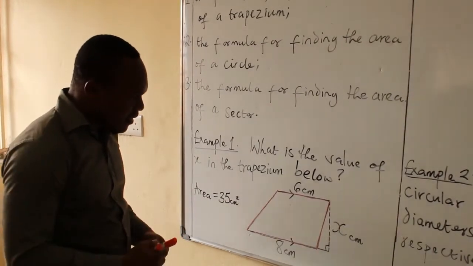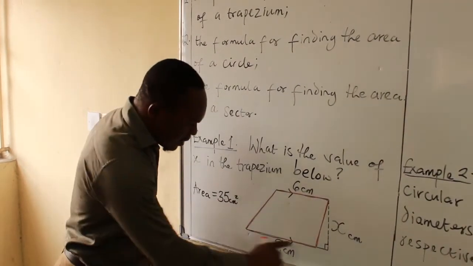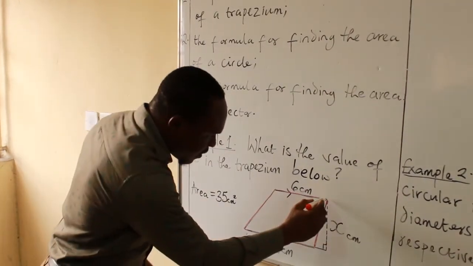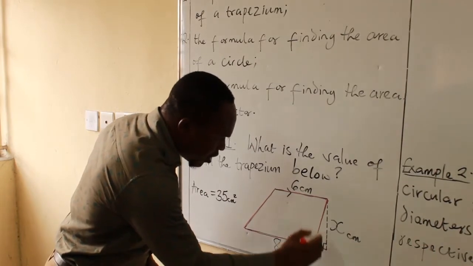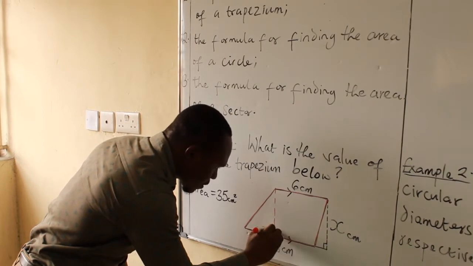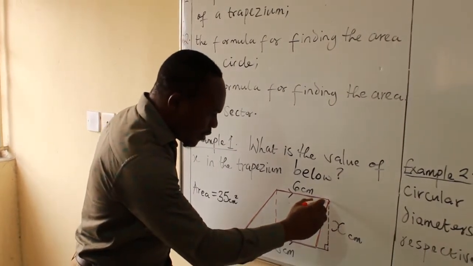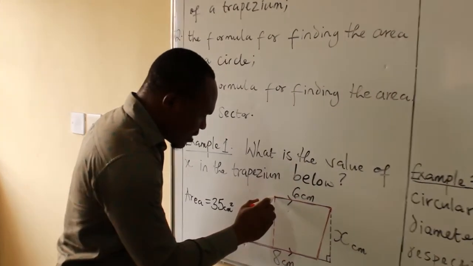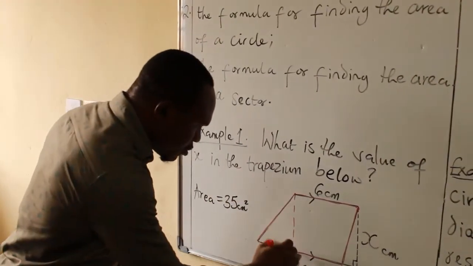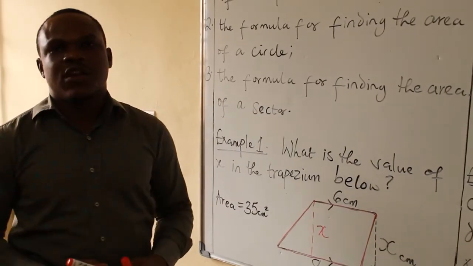If you carefully observe, since these two lines showing 6 centimeters and 8 centimeters are parallel to each other, it means that the height we have here from this point to this point, which is x centimeters, is the same thing as what we have here. What do I mean? I'm saying the distance from this point to this point is the same as the distance from this point to this point. And the distance from this point to this point depicts the height of this particular trapezium.